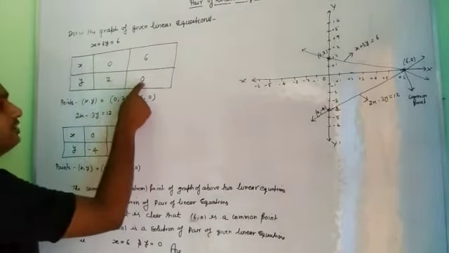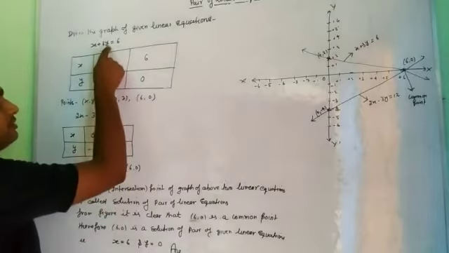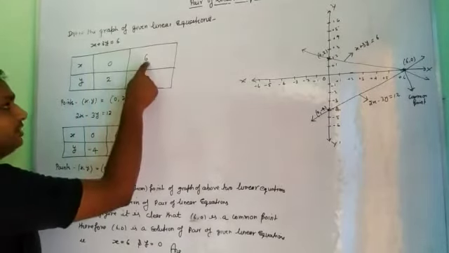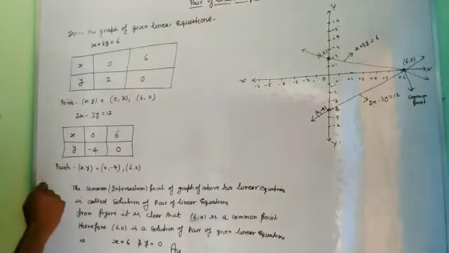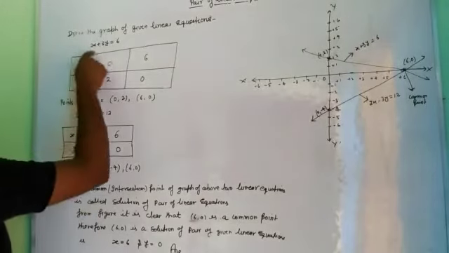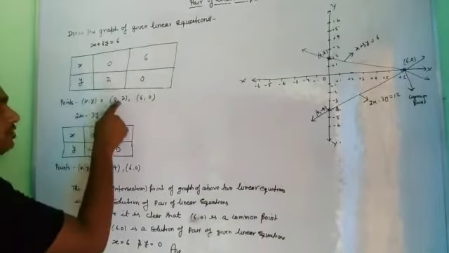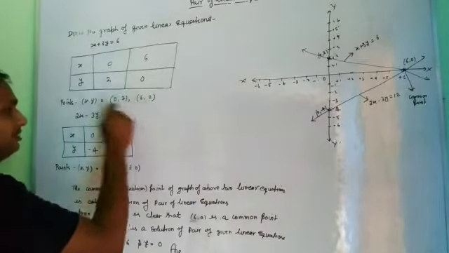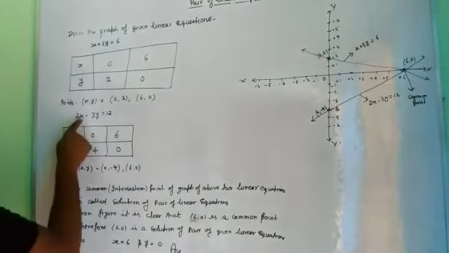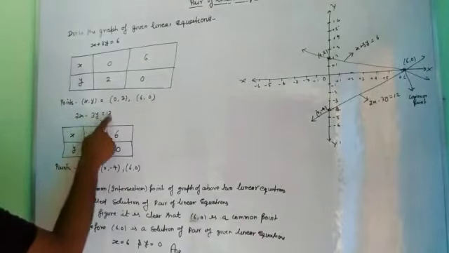Put y equal to 0, in this equation we get x equal to 6. So the points obtained through this linear equation are (x, y) equal to (0, 2) and (6, 0). Next linear equation, 2x minus 3y is equal to 12.